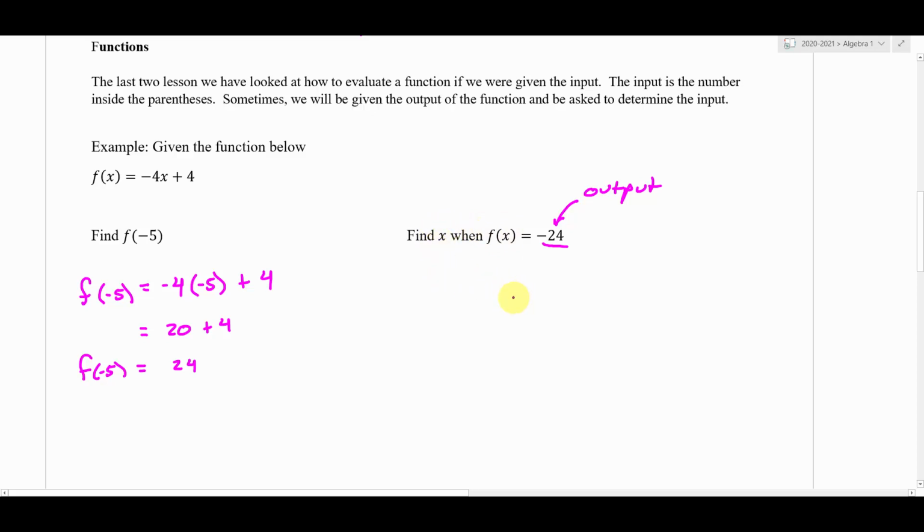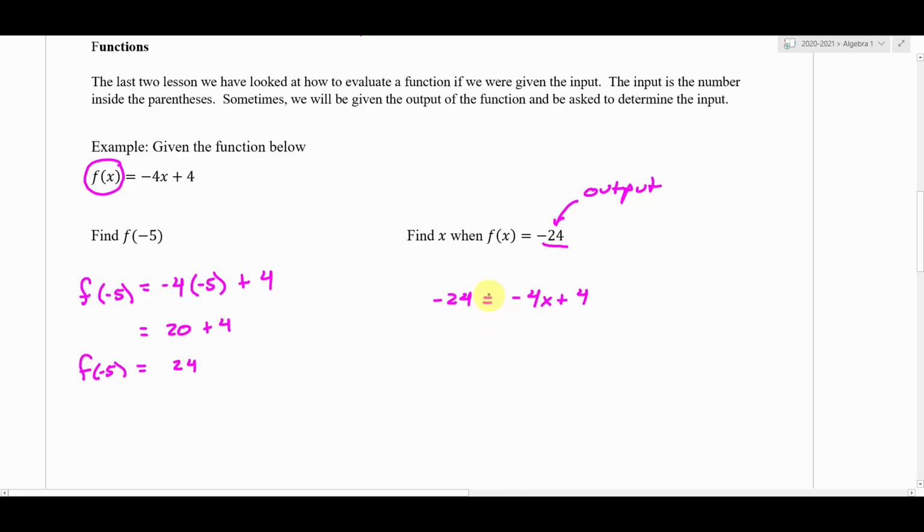So here's our rule, -4x plus 4. And this -24 is replacing f of x. So instead of putting an f of x over here, we're just going to put the number -24, because that is the output.